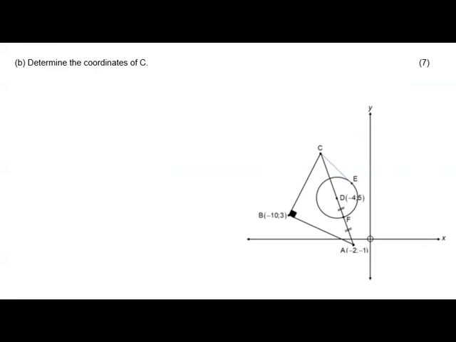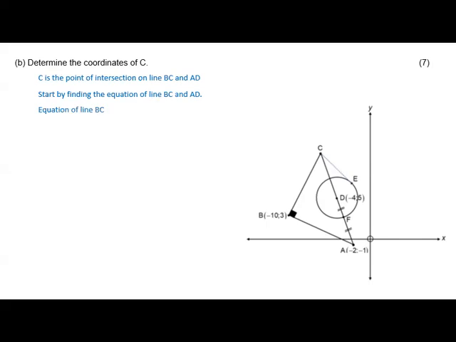Now they want us to calculate the coordinates of C, which is B. To determine the coordinates of C, you will notice that C is the point of intersection of line BC and AD. We need to start by finding the straight line equation of line AD or AC, as well as the straight line equation of line BC.